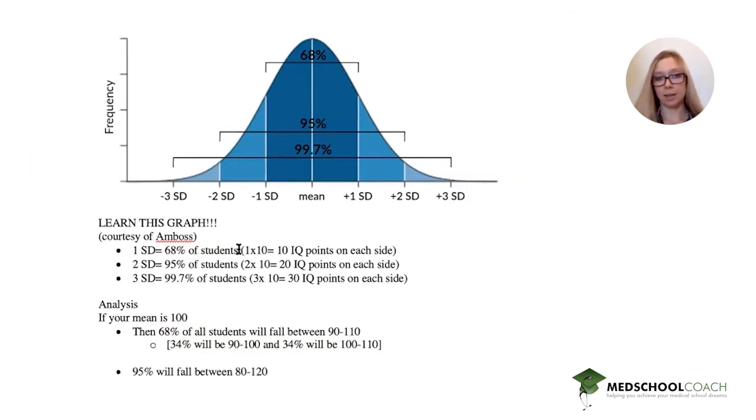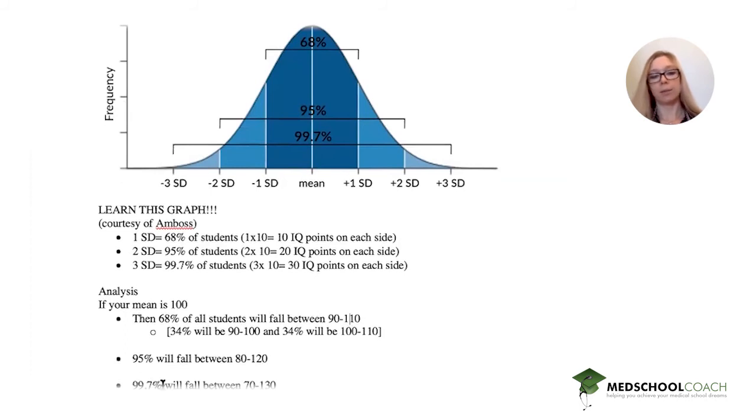And the way I got that is because 2 standard deviations times 10 points is 20 IQ points on each side, hence 80 to 120. Remember, our mean is 100. And finally, 99.7%, 3 standard deviations, 3 times 10 is 30. So that will fall between 70 and 130.